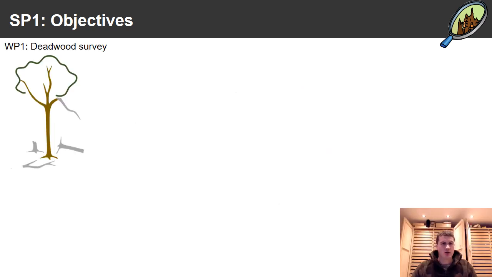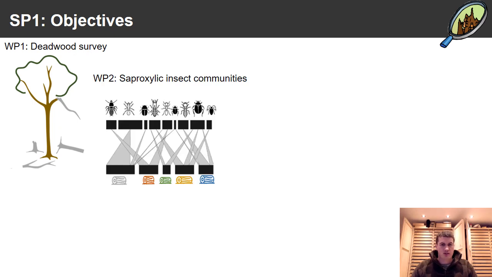In work package number 1, we will survey the natural amounts of deadwood on all experimental plots, which is particularly interesting because the forests are slowly approaching the natural thinning phase. This is coupled to work package number 2, where we will survey saproxylic insect communities on the same plots and on the same deadwood objects.